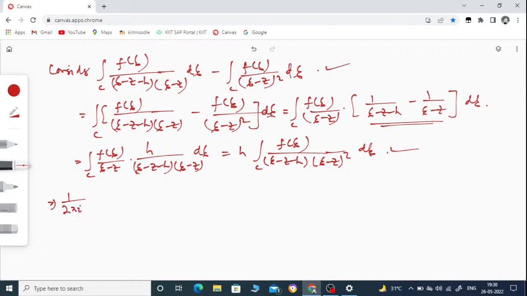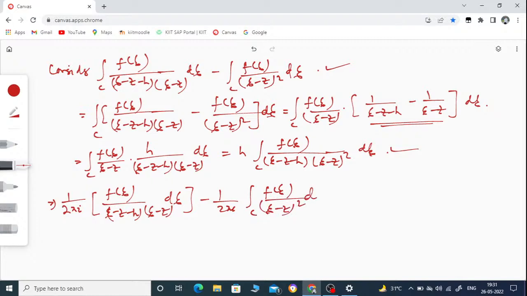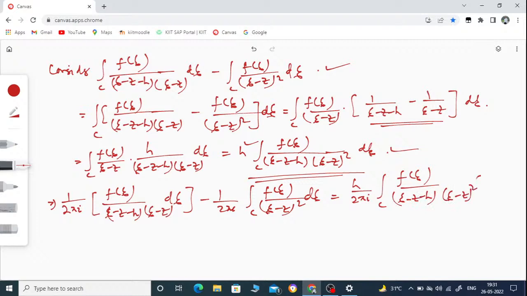So 1 by 2 pi i times f of ζ divided by ζ minus z minus h times ζ minus z, dζ, minus 1 by 2 pi i times the integral over C of f of ζ divided by ζ minus z whole square, dζ, is equal to h by 2 pi i, on the right hand side, where I also multiply by 1 by 2 pi i, the integral over C of f of ζ divided by ζ minus z minus h times ζ minus z whole square, dζ. Okay, so this thing you will get.